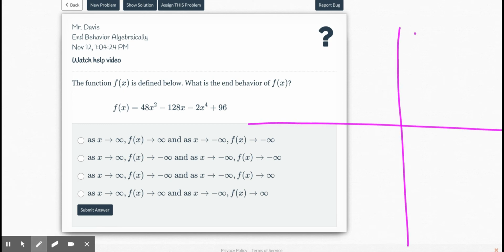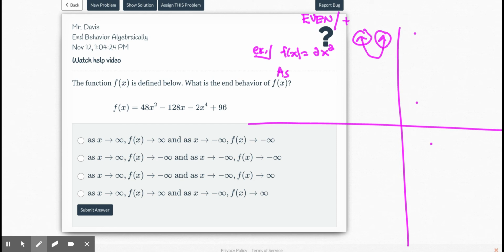So the first one is going to be an even positive. So example, f of x equals 2x squared. That's an even exponent. It could be 2, it could be 4, 6, whatever, and it's a positive leading coefficient of 2. Okay, so what this function looks like is something like this, right? So the end behavior of this is going to be positive in both directions.